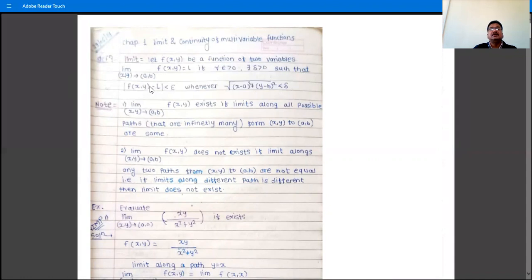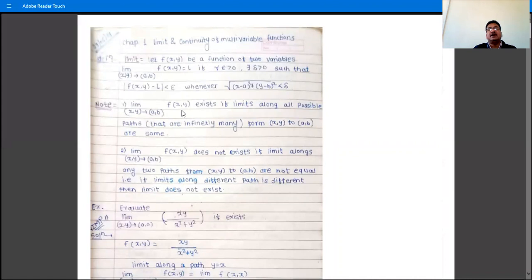That is, if this is less than delta, then mod f(x,y) minus L is less than epsilon.